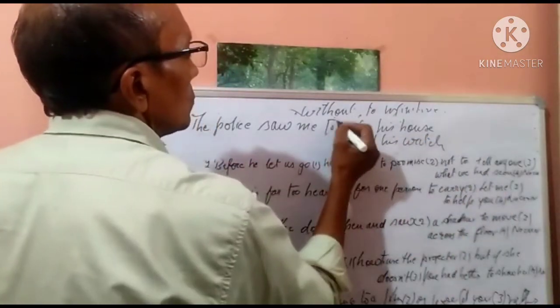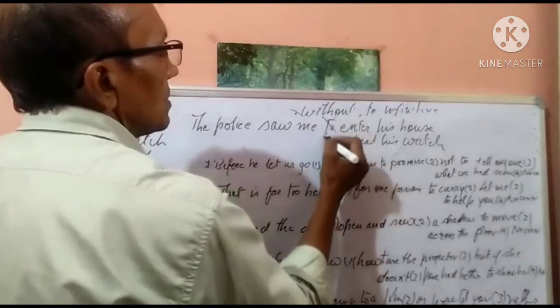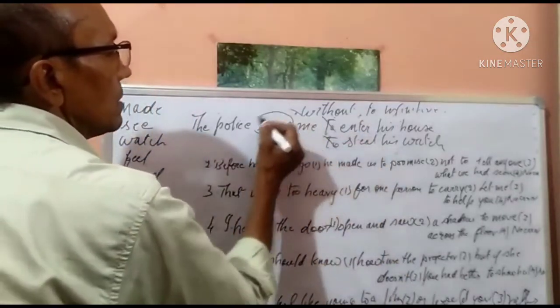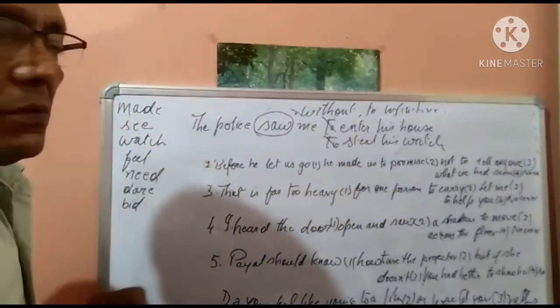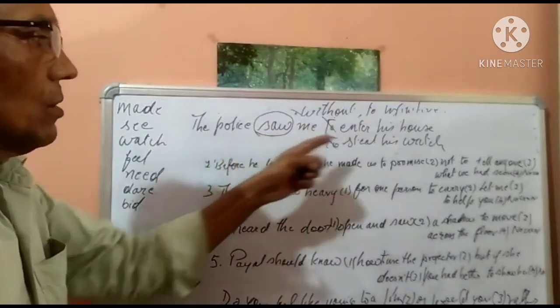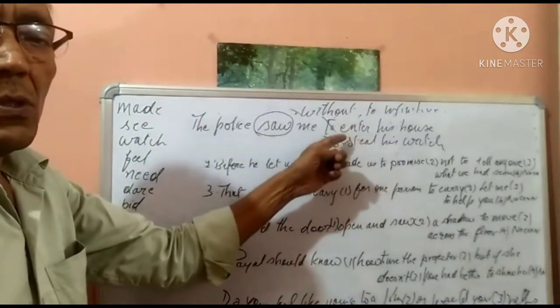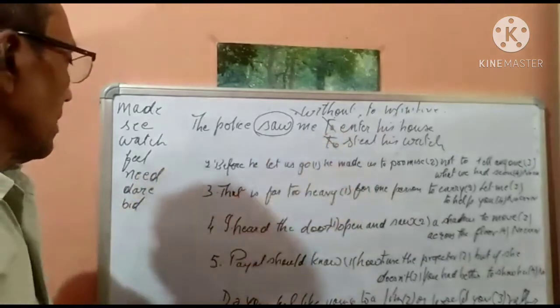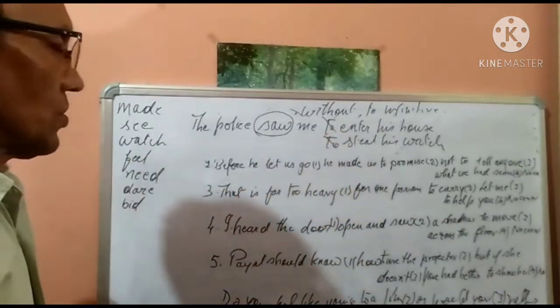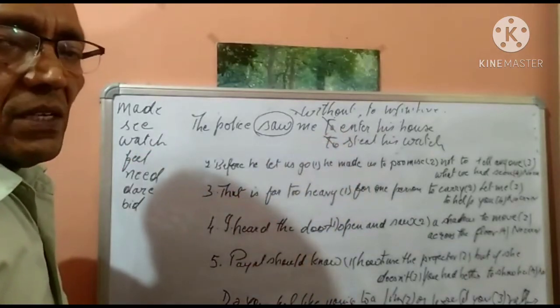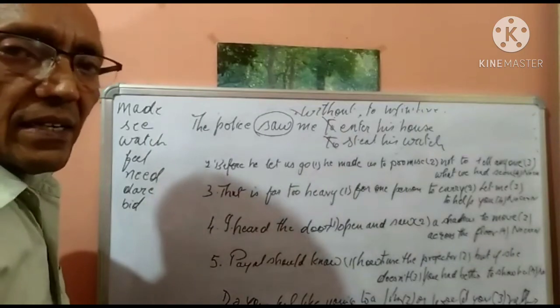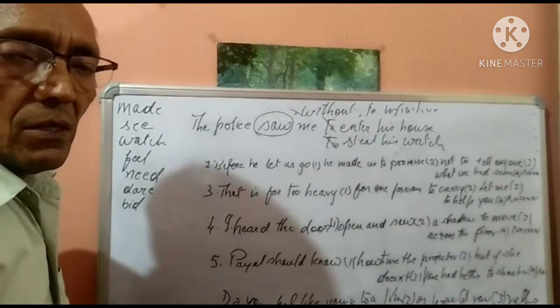You see, I cannot use to steal. This is incorrect because here the word is saw. With see or saw, we do not use to infinitive. This is bare infinitive. In the same way, watch. He watched me enter the exam room, not to enter.